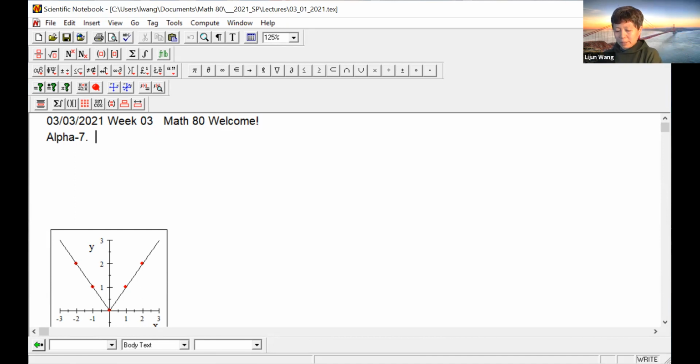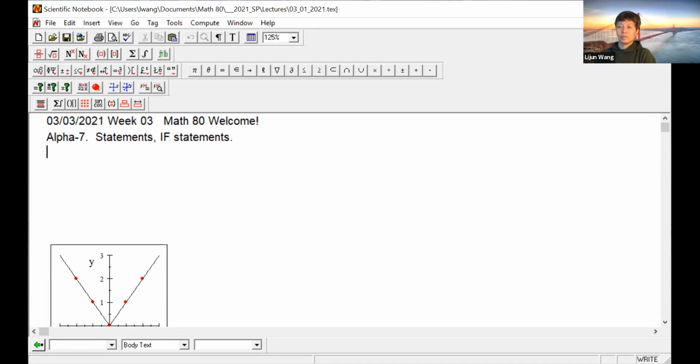So in mathematics, we have statements. And the other kind we talk about is called if statements. Alpha 7 is if statements. The title itself is already shorthand notation.